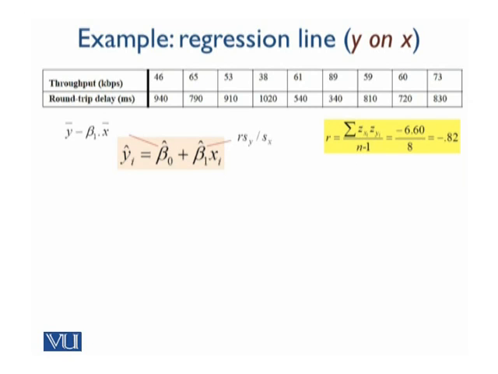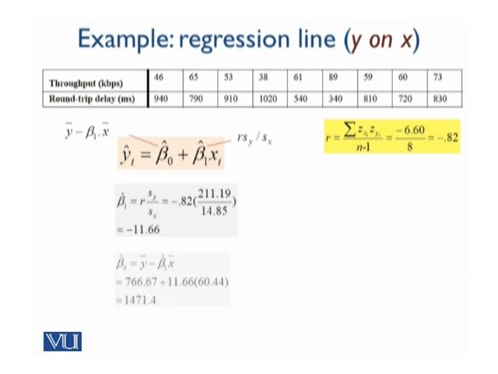To determine beta 1, we're going to use the formula r into sy over sx. We know r, it is minus 0.82. We know sy and sx because they can be computed from the sample data. We get a value of minus 11.66. From this we can calculate the value of beta naught, because beta naught is equal to y bar minus beta 1 hat multiplied by x bar.